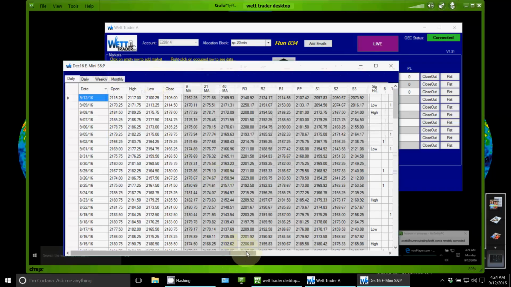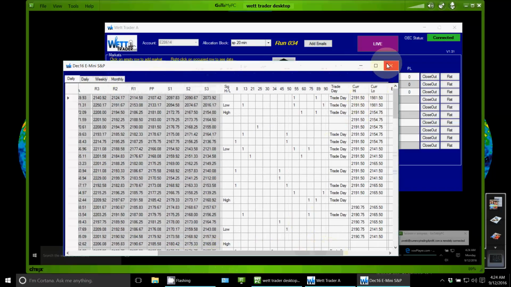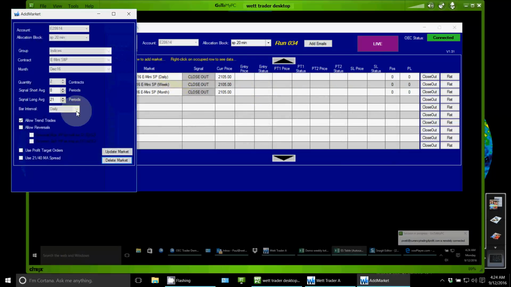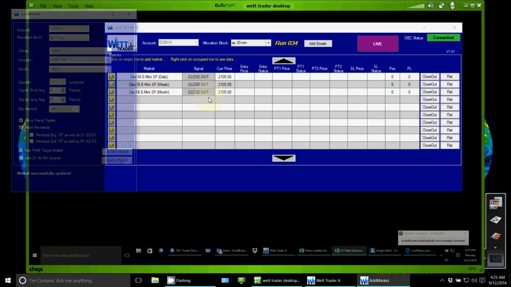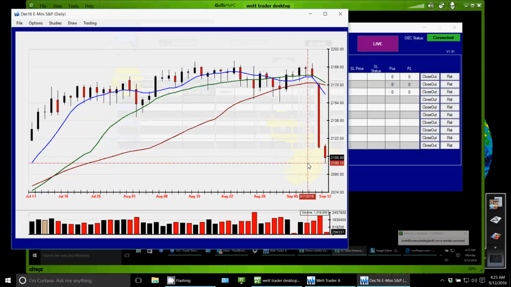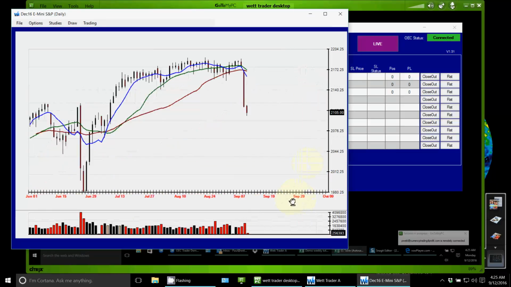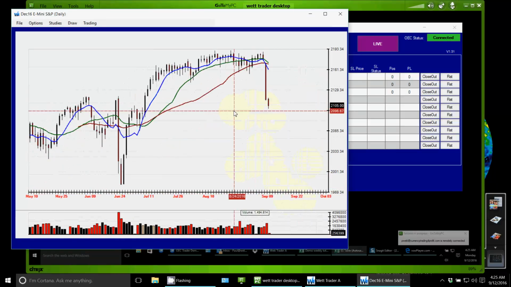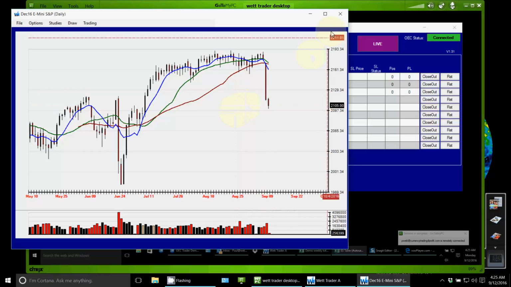Dailies, using the same numbers for a buy. For reversals, we just click the allow reversals. We click update. So the reversal, we'll be buying it down here where it reverses, folks. So that's a great area to try to find some support.